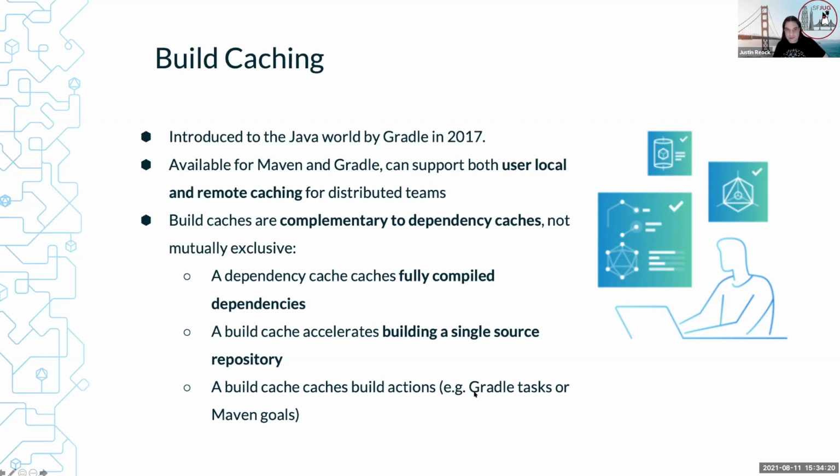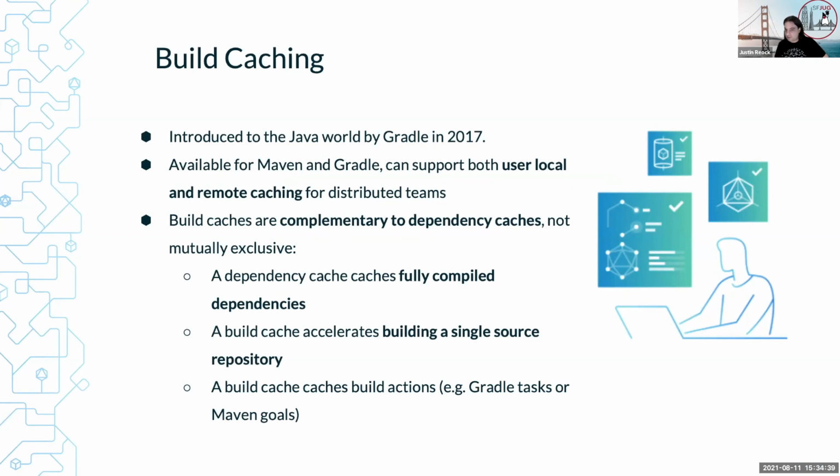So these build caches, I want to make sure everyone understands, are complementary to dependency caches and not mutually exclusive, right? A dependency cache is more like an Artifactory or a Sonatype Nexus type of solution. These cache fully compiled binaries that you want to download as part of your build.